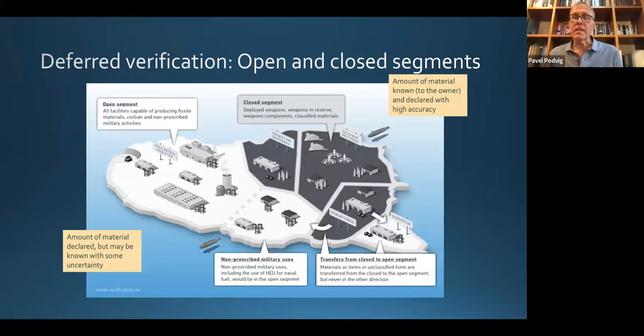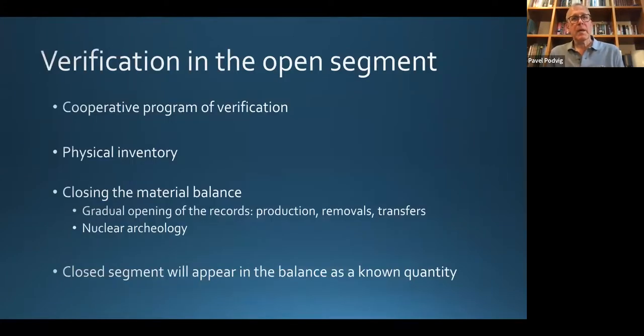And in the end, when all material is removed from the closed segment, from weapon-related activities, then there is nothing there, and you could let people in to check that there is nothing there. So in the end, you never tell anyone anything secret about your weapons if you don't want to. That's the basic idea.